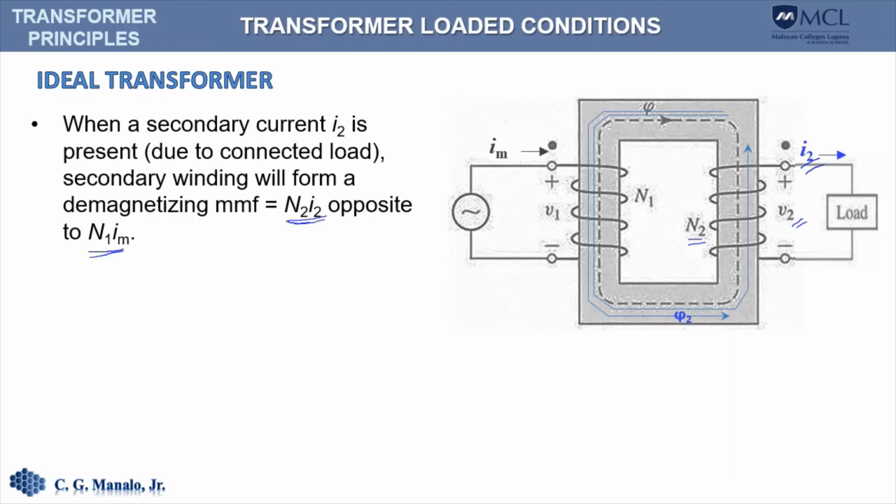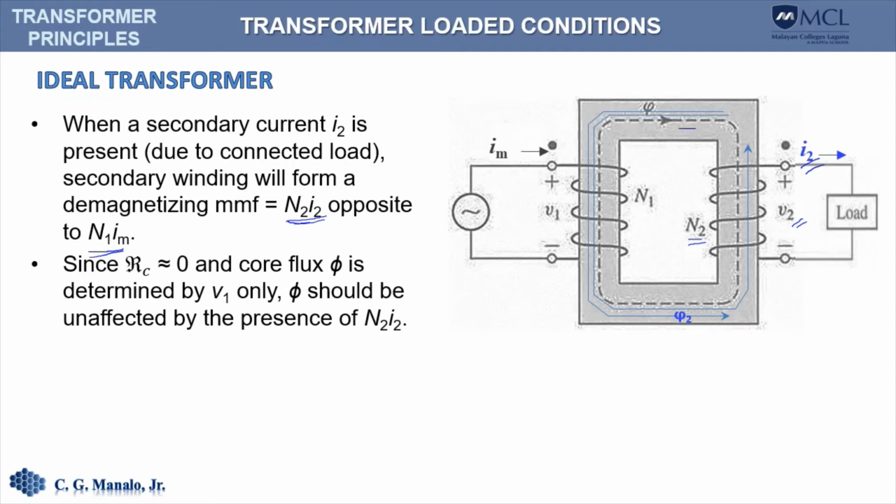The flux produced due to I sub 2 will be in the opposite direction of the original flux, and therefore this MMF produced by I sub 2 is called a demagnetizing MMF because it tends to lessen the flux inside the core.